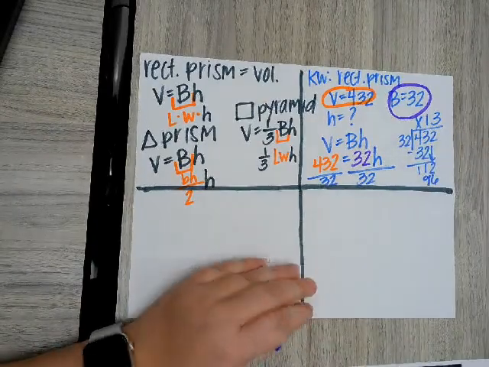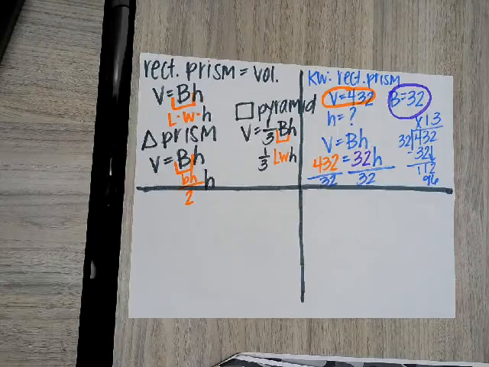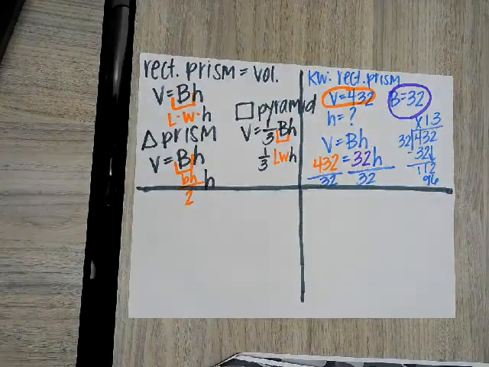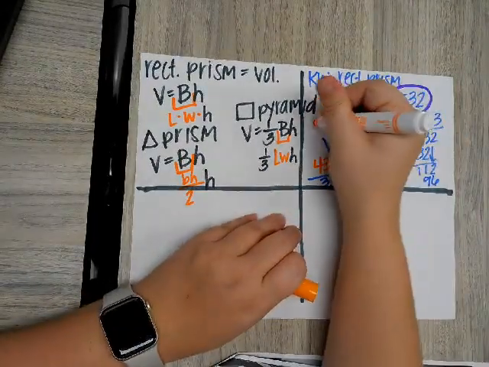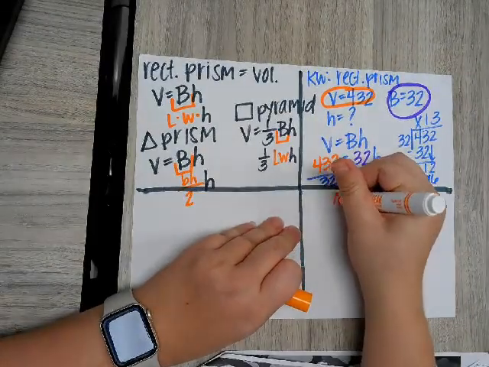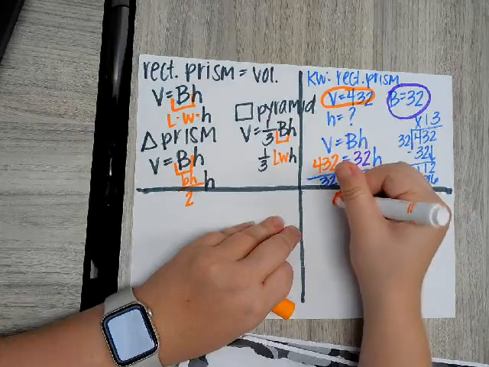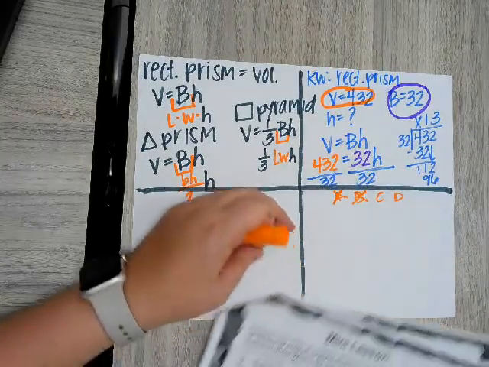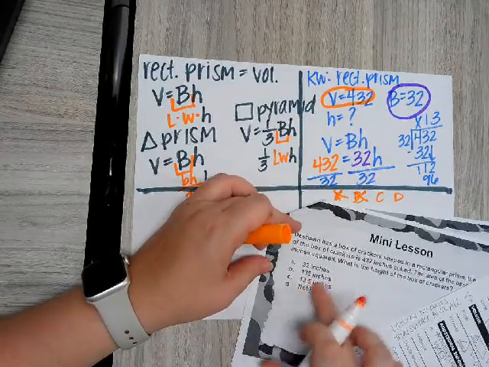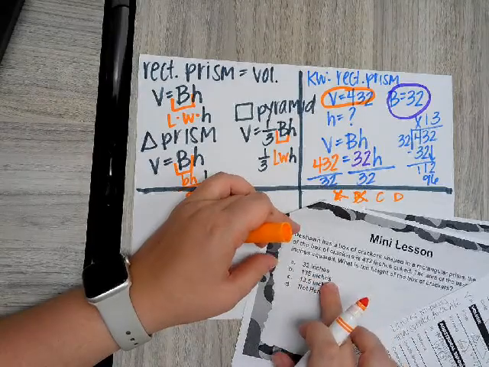Okay, look at your answer choices. What is close? So if I look at my answer choices A, B, C, D, I can eliminate A and B, right? Because those are not close to 13.